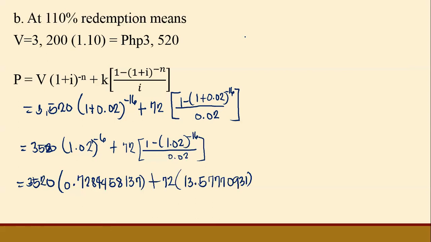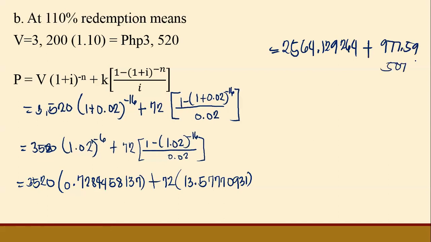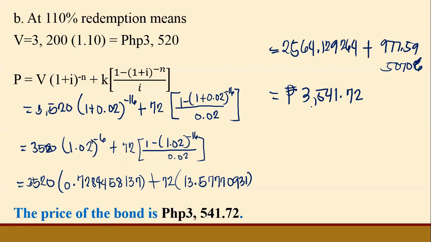Okay? So, tuloy na lang natin dito. 2,564.129264 plus 977.5950706. Okay? So, the total is 3,541 pesos and 72 centavos. So that is the price of the bond.